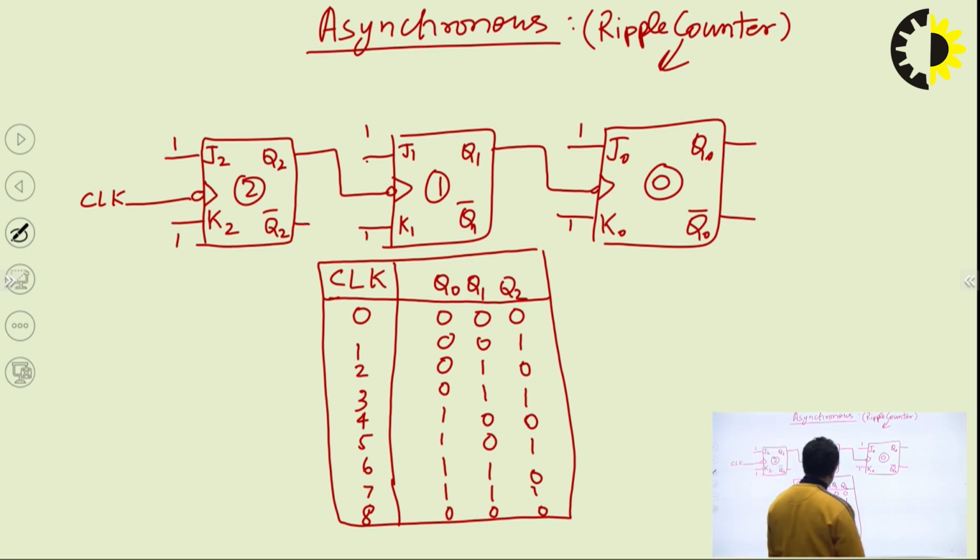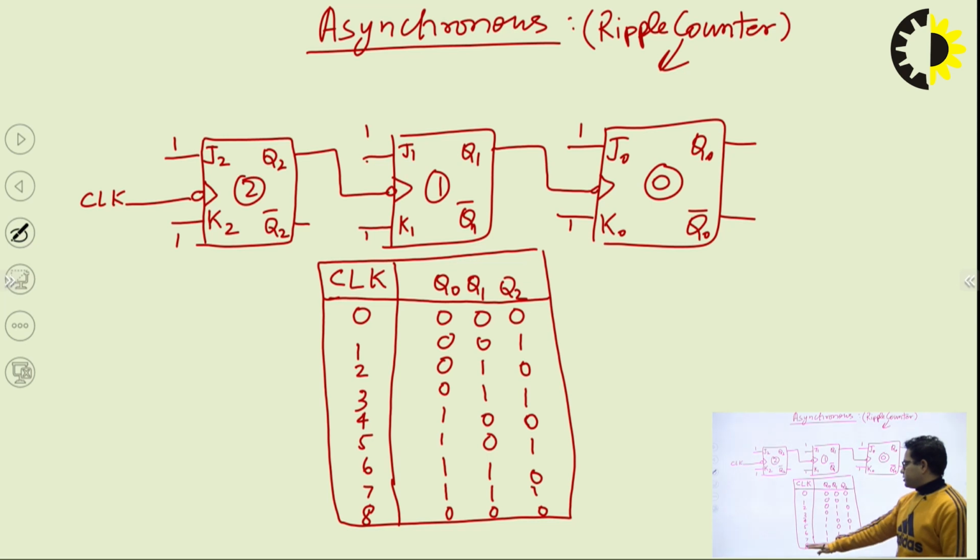Now we can see that on the application of the 8th clock pulse, the counter is returning to its initial state. Initially we assumed that all the flip-flops are in the 0 state. So what are the different possible states? Here the possible states are 0, 1, 2, 3, 4, 5, 6 and 7, so the range is from 0 to 7.